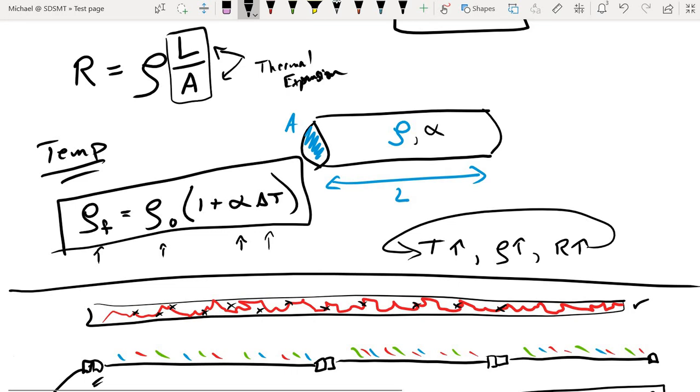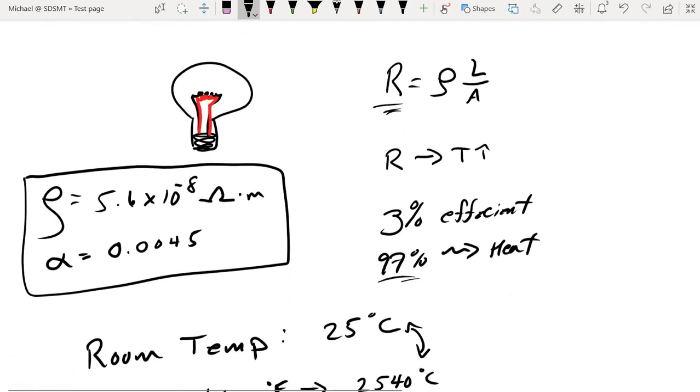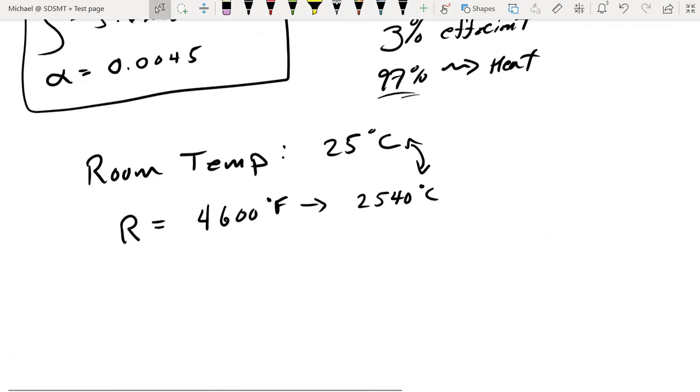In other words, the expansion of the cross-sectional area should be pretty equivalent to that of the length. And that means we can take that equation of rho and we can estimate a similar expression for resistance.